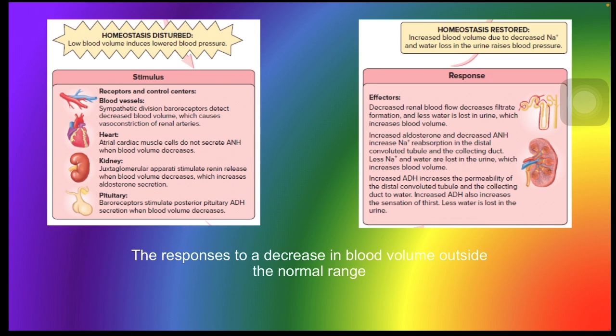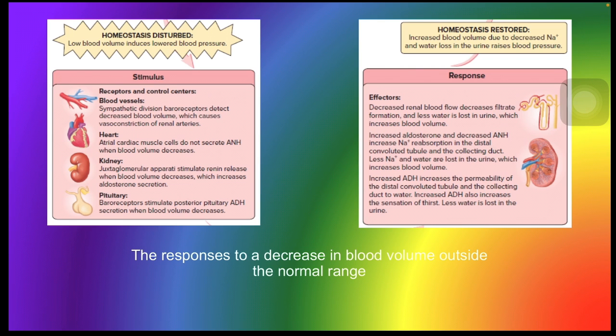Otherwise, these are the responses to a decrease in blood volume outside the normal range. So, homeostasis is disturbed, low blood volume induces lowered blood pressure, and the stimulus is triggered. Thus, the organs perform their respective jobs.